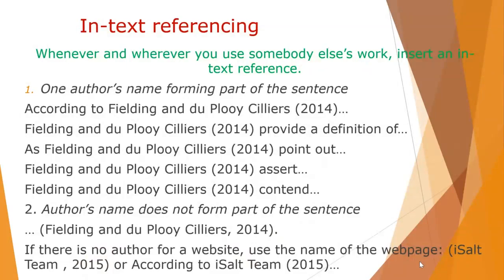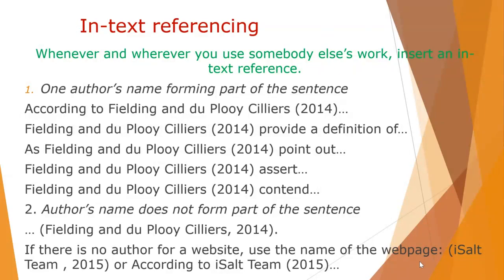Here are some different ways in which you can in-text reference. So whenever and wherever you use somebody else's work, insert an in-text reference. Firstly, the author can form part of the sentence. So you could say, according to Fielding and Du Plooy-Cilliers, 2014, communication is dynamic because whatever the case might be.